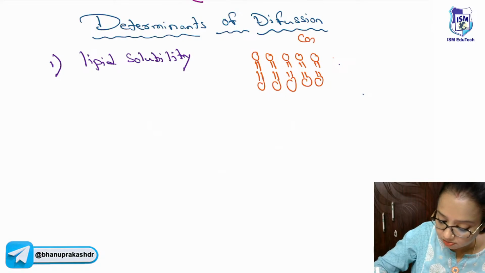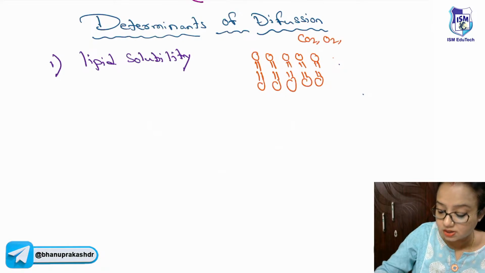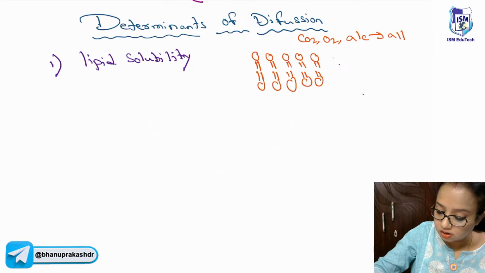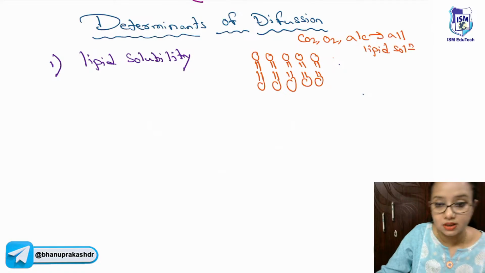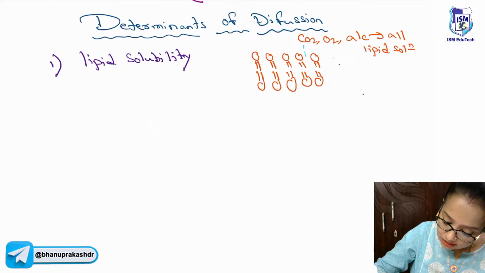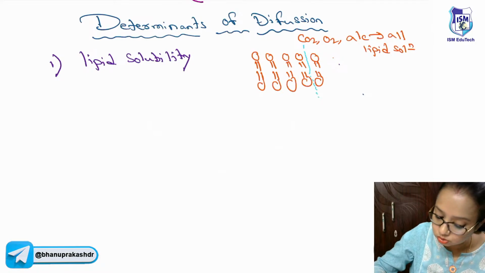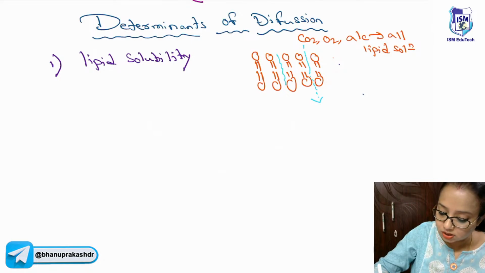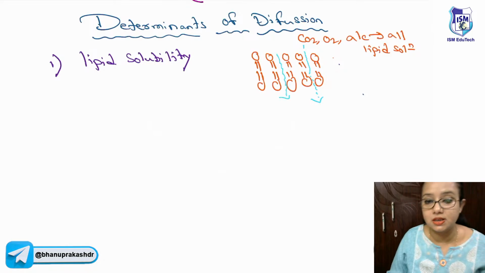Substances like carbon dioxide, oxygen, alcohol are all lipid soluble. So these lipid soluble substances can easily squeeze through, they can easily pass through the cell membrane.